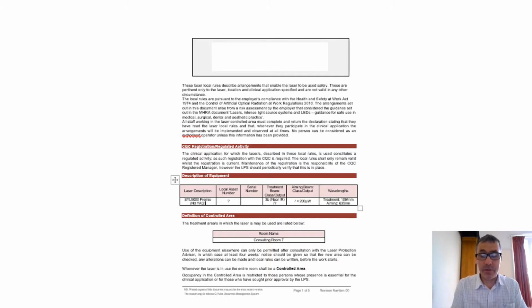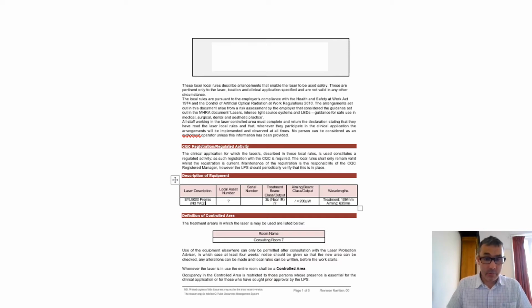Moving on then to the local rules for the laser. So these are a set of local rules for the same laser that we were just looking at the risk assessment for. So you can see a summary section at the top there, description of the equipment that we have in use in the middle section, and here how do we demarcate the controlled area.